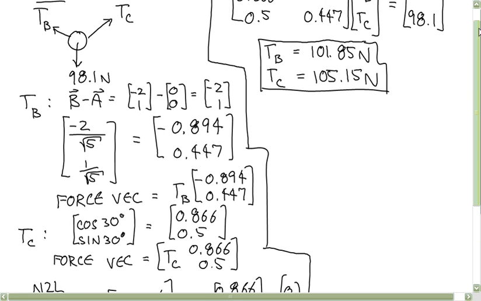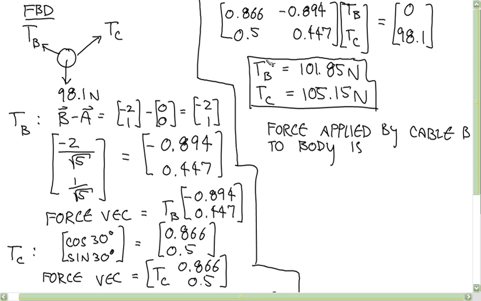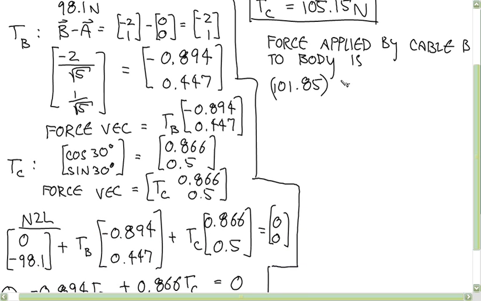Okay. So the force applied by that cable going to B to the body is 101.85 times the unit vector, negative 0.894, 0.447.